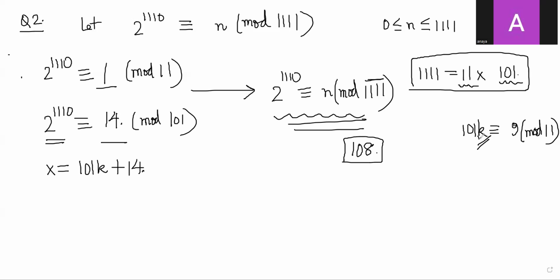So it cannot be 1 mod 11. Can it be 2 mod 11? That will make it 202. 202 mod 11 would be how much? 110 and then 92. So it is 4 mod 11, right? So that doesn't work.